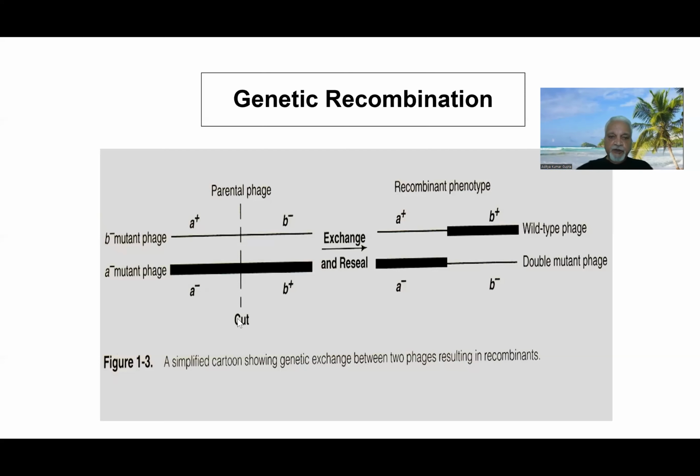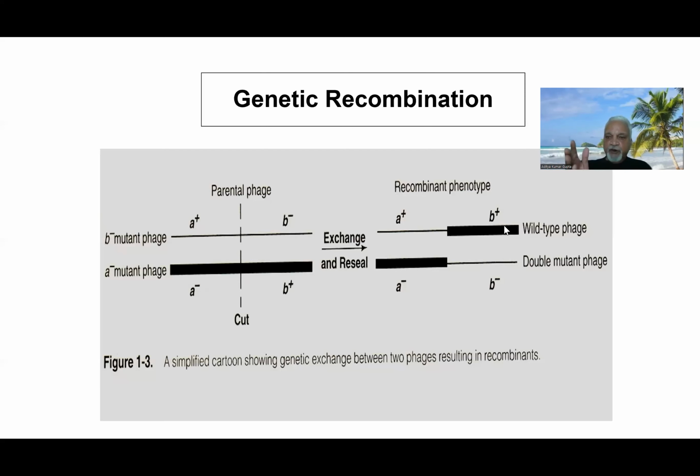So now, if these two phage DNAs are present in the same cell, then what happens? There is an exchange of segments at this point. So as a result, what you see is that this B plus moves and sits closer to A plus. It is the breaking of the chromosome or the DNA here and resealing takes place.